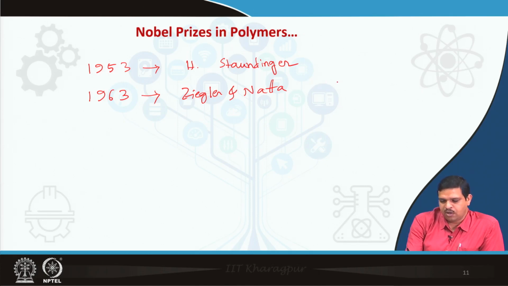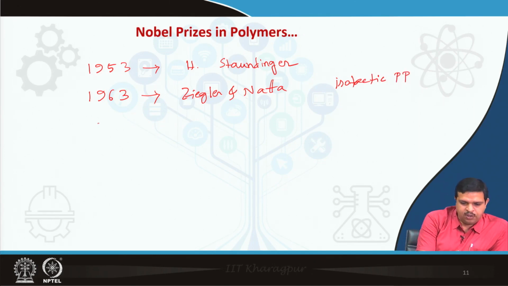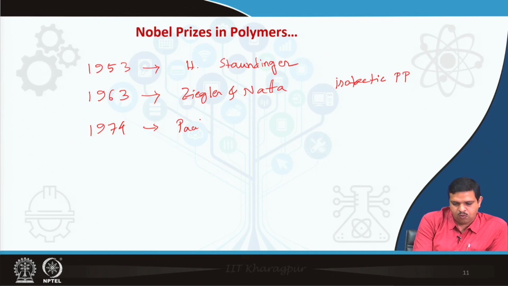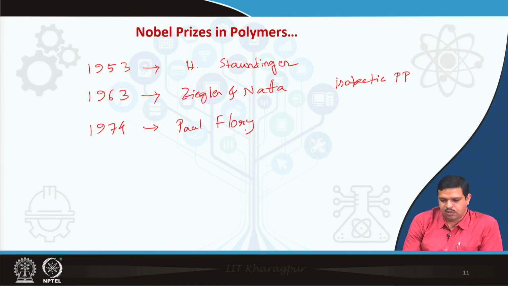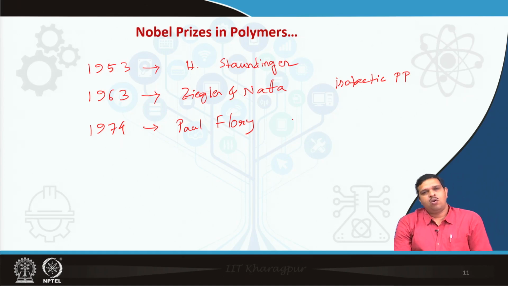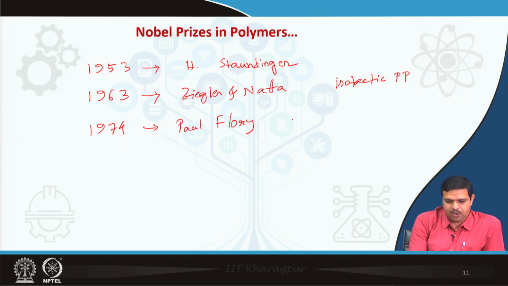This gives isotactic or stereospecific polymers, we will discuss the isotactic polypropylene synthesis. Then 1974, Paul Flory, he proposed the random coil organization of the polymers.